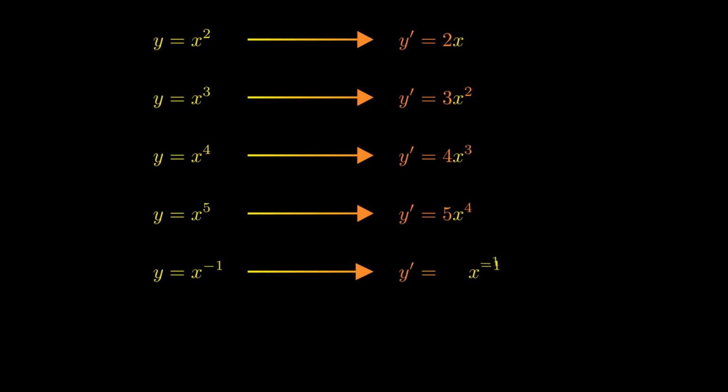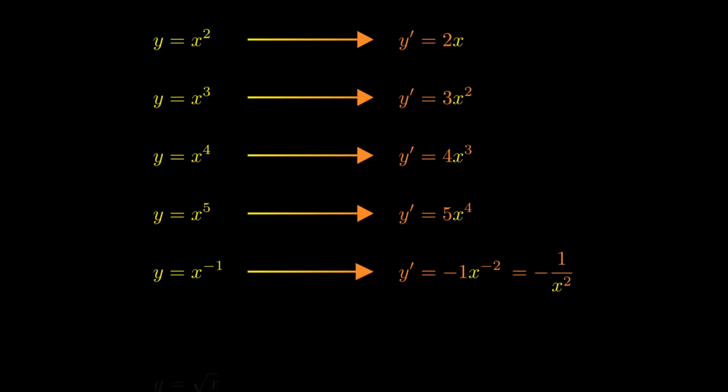The -1 hops down to the front, then we decrease the power by 1, but be careful here because it will now be -1 minus 1, which is -2. And it's polite to rewrite this as a fraction, so the -2 power kicks the x squared to the bottom, then -1 joins in. Okay, and so that's going to give us this -1 over x squared thing here.